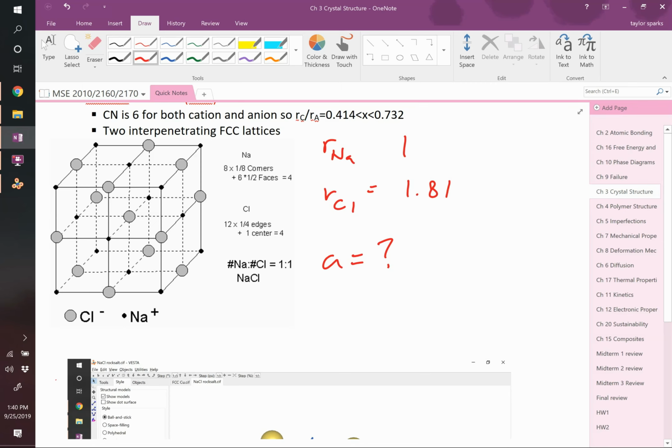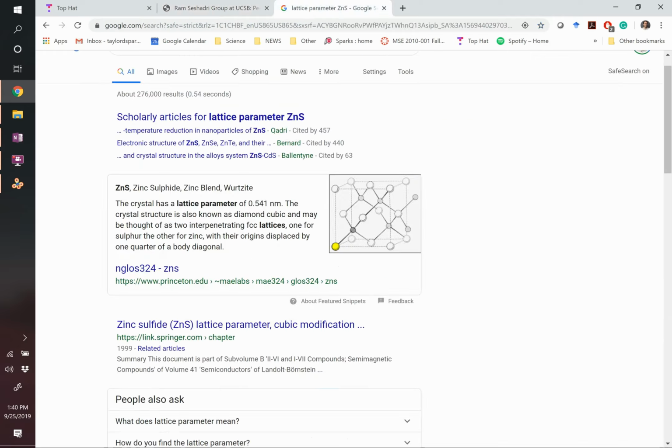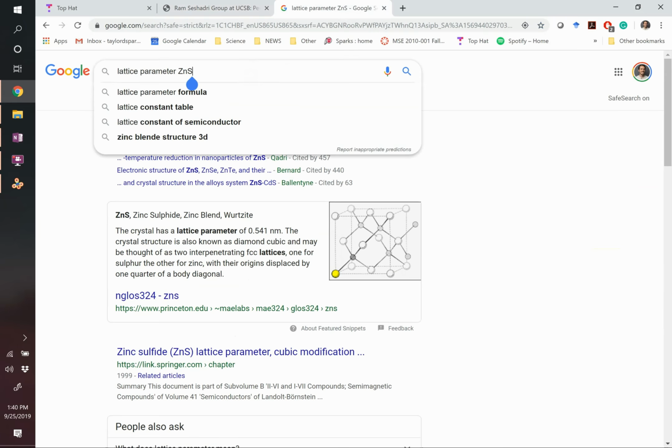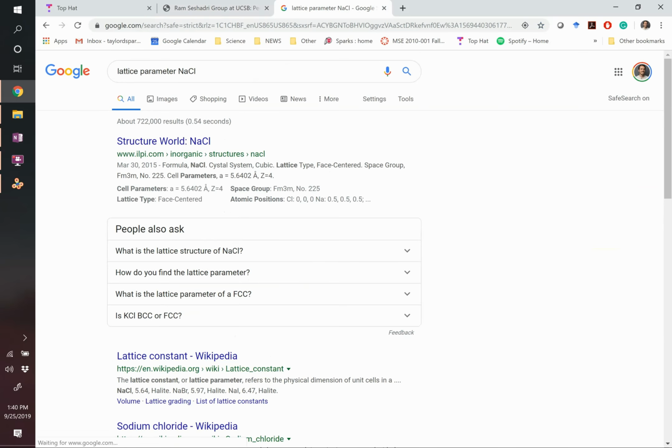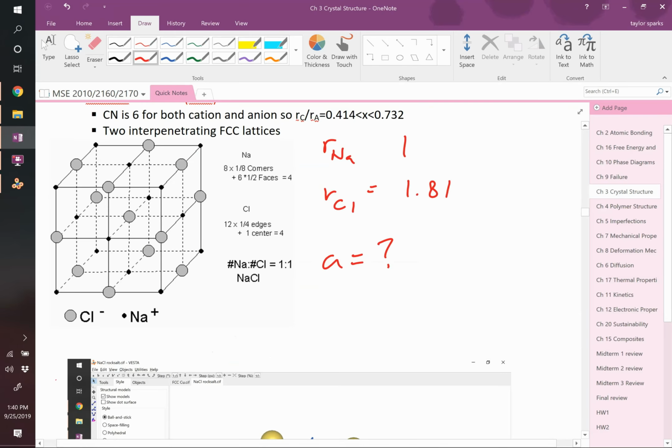Okay, anybody got a guess for us? Experimentally, when they measure it, the lattice parameter is about 5.64. What do we get? Well, the lattice parameter should be equal to this entire lattice parameter. They touch along this side right there.